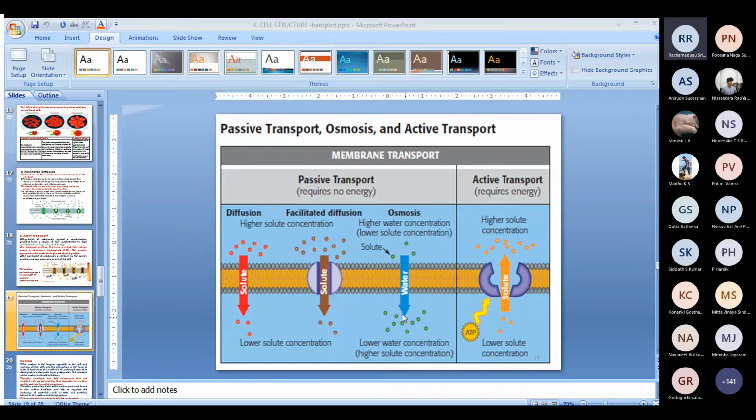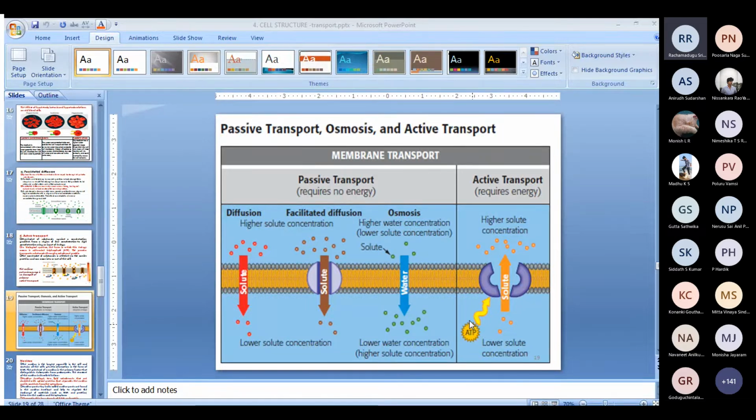So what is active transport? It will take place through a protein, and it happens from a region of lower concentration to a region of higher concentration with the help of ATP. So this summarizes all the 4 different types of transport.